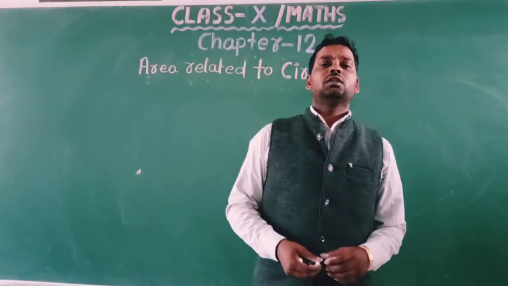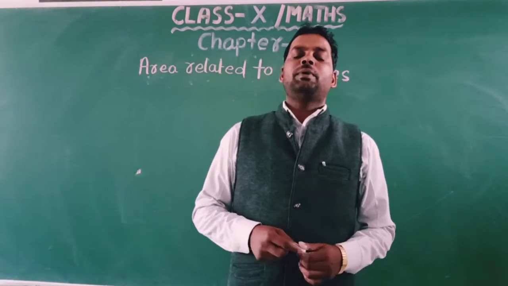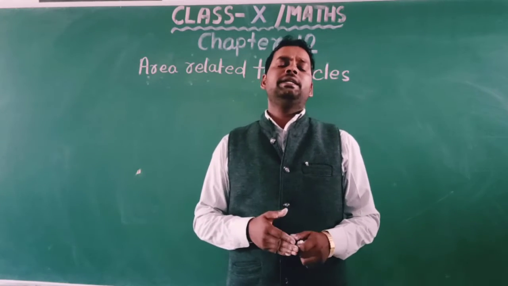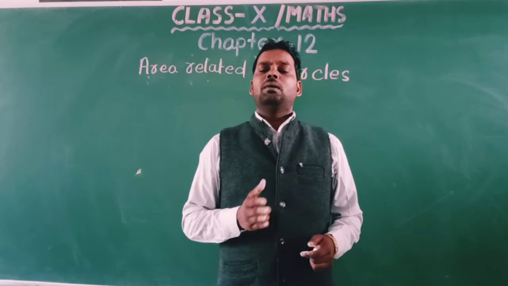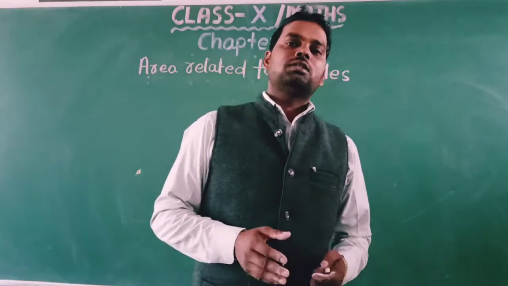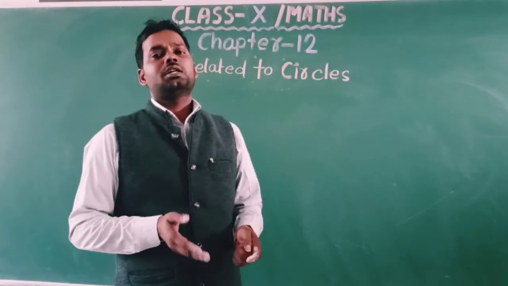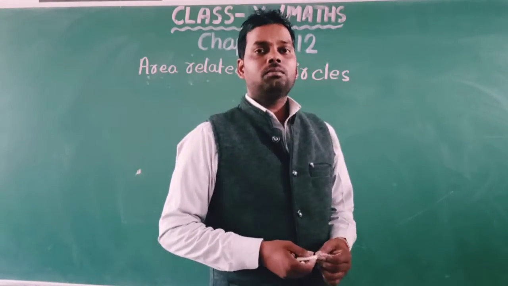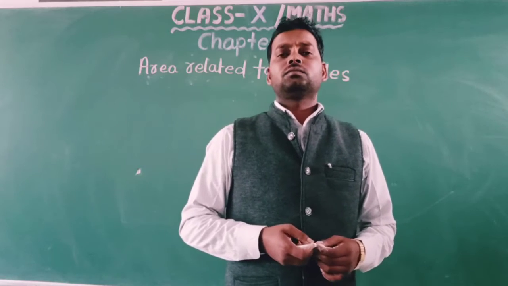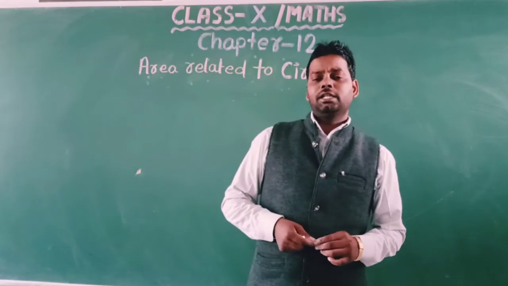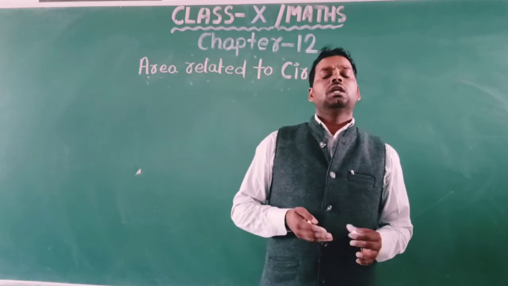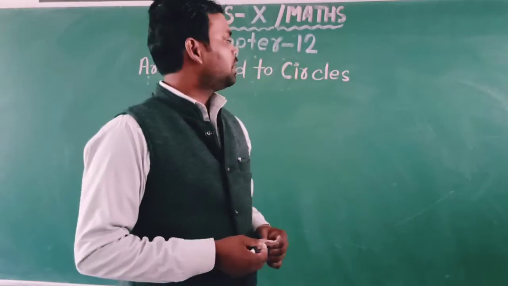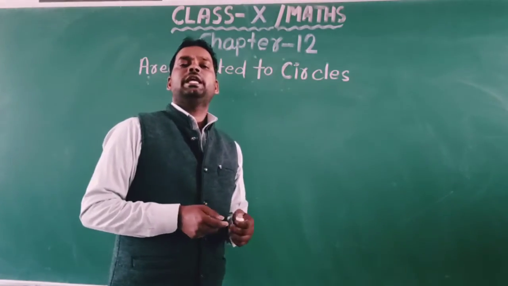Dear children, we are already familiar with some methods of finding the perimeter and area of simple plane figures such as rectangle, triangle, parallelogram and circle from earlier classes. But in your daily life we see many objects in circular shape.